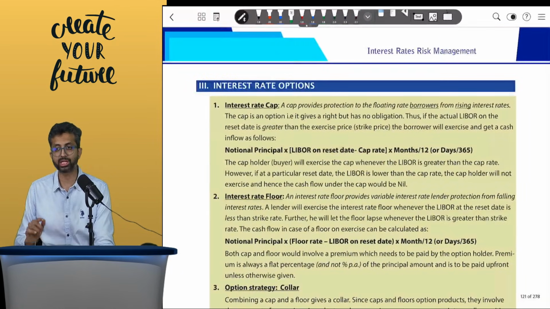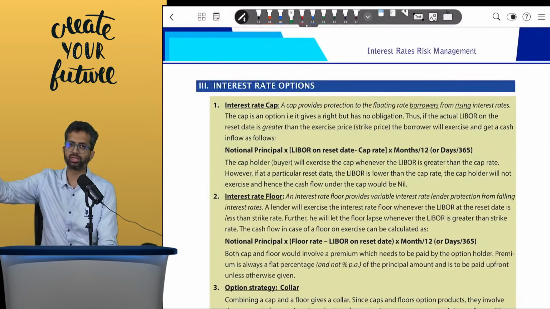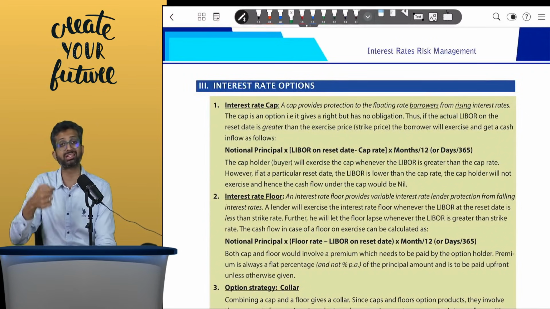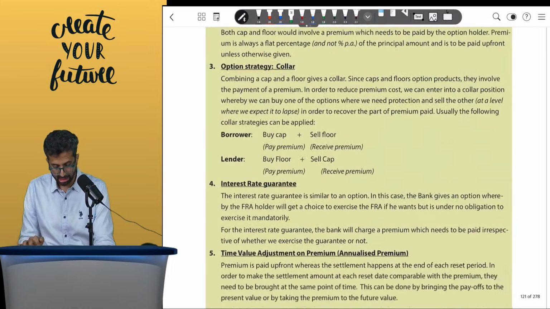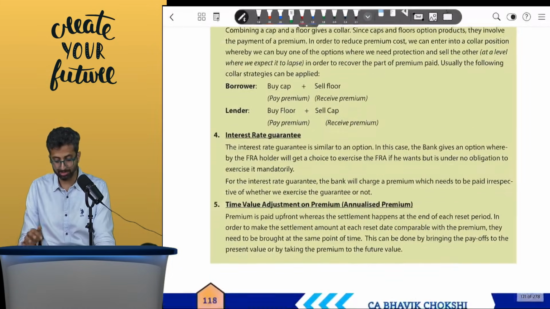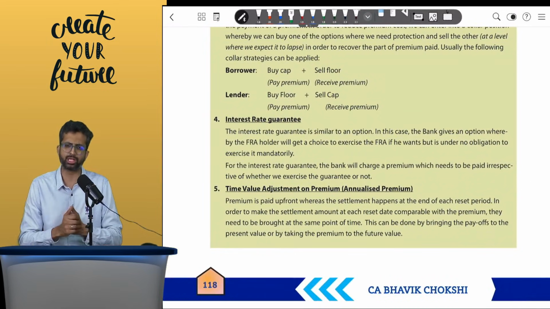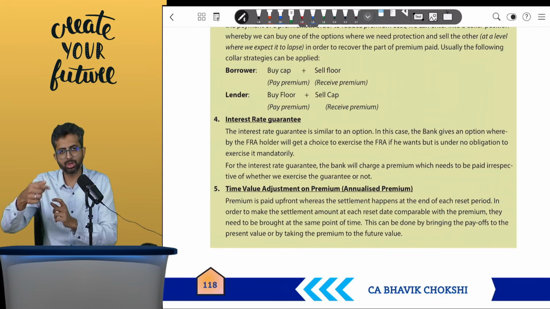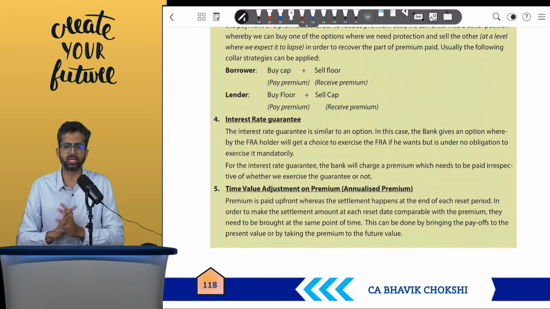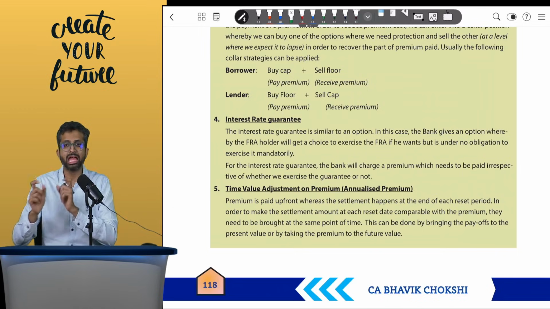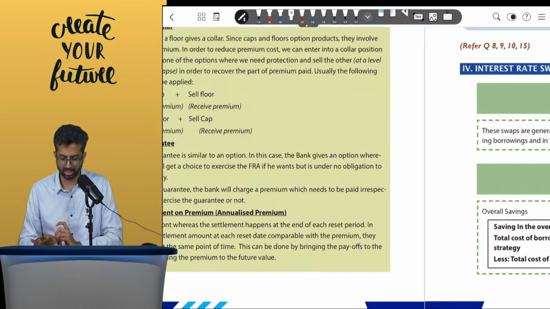A cap will be exercised if the interest rate is greater than the exercise price. A floor will be exercised if the interest rate is lower than the exercise price. And time value adjustment can be done in case you want to find the payoff considering annualized premium, where you will take the premium divided by the PVAF of the remaining periods to find the annualized premium, and adjust it with the payoff to find the net values.